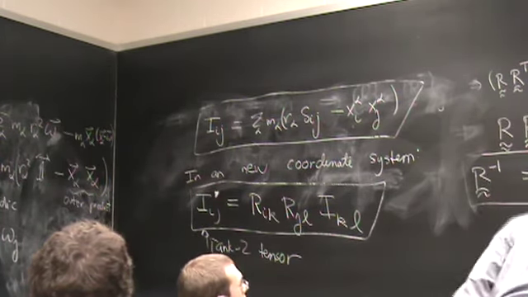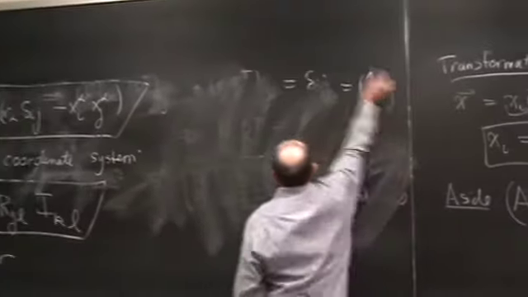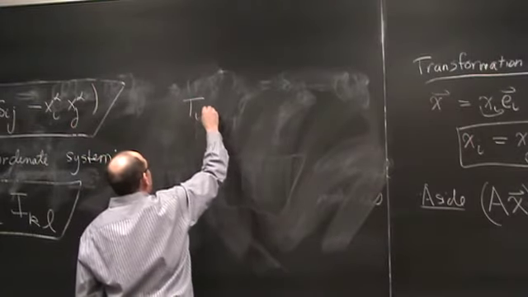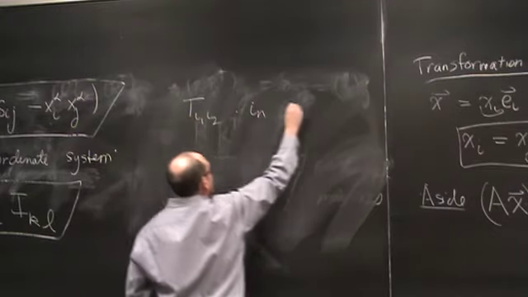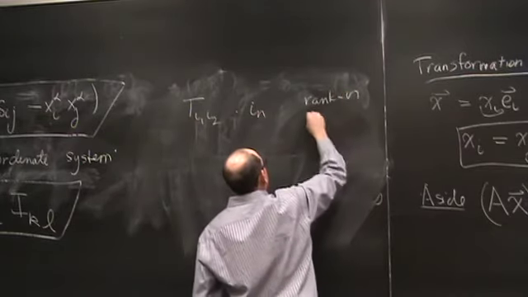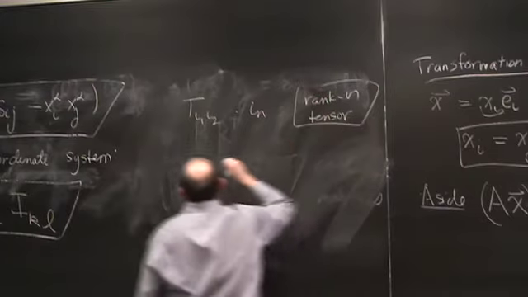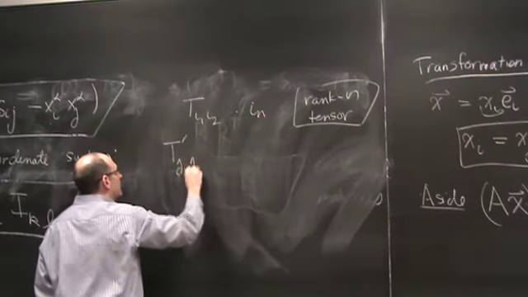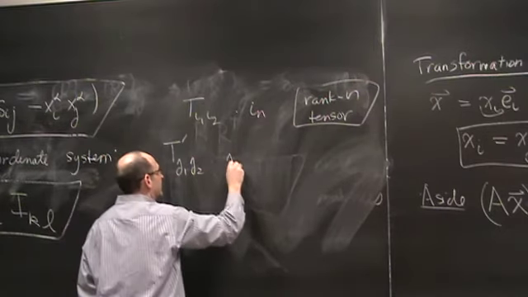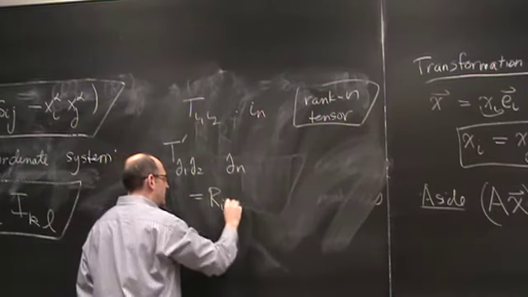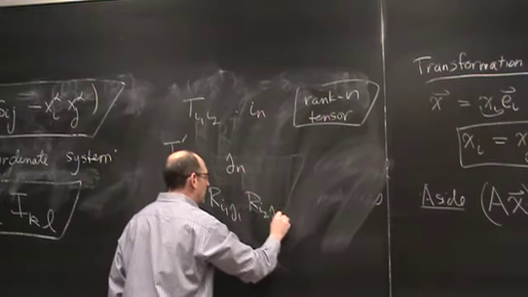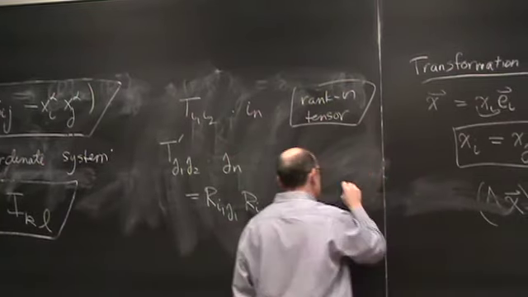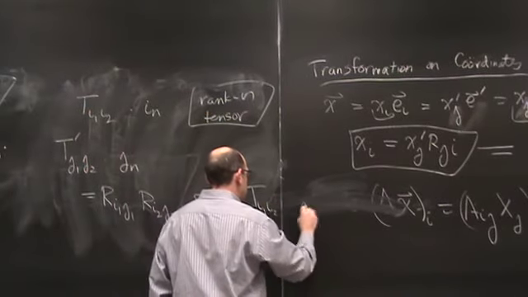So if I had a rank n tensor, which has an i1 index, an i2 index, dot, dot, dot, up to the nth index, then in a new coordinate system, I'd have j1, j2, up to jn. I'd have R i1 j1, R i2 j2, and so on, up to R in jn, times T i1 i2 dot dot dot in.